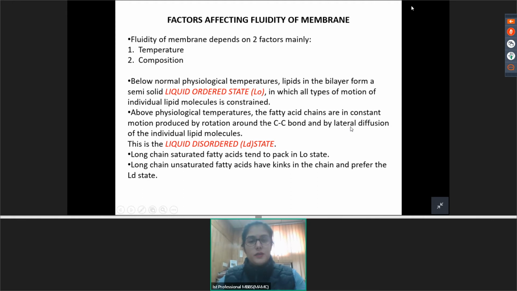You already know that the lipids are free to diffuse laterally within the plane of the membrane. So when the temperature is raised, all types of motion increase. Rotation around the C-C bond and lateral diffusion of lipids, everything increases. And this type of arrangement is called the liquid disordered state.